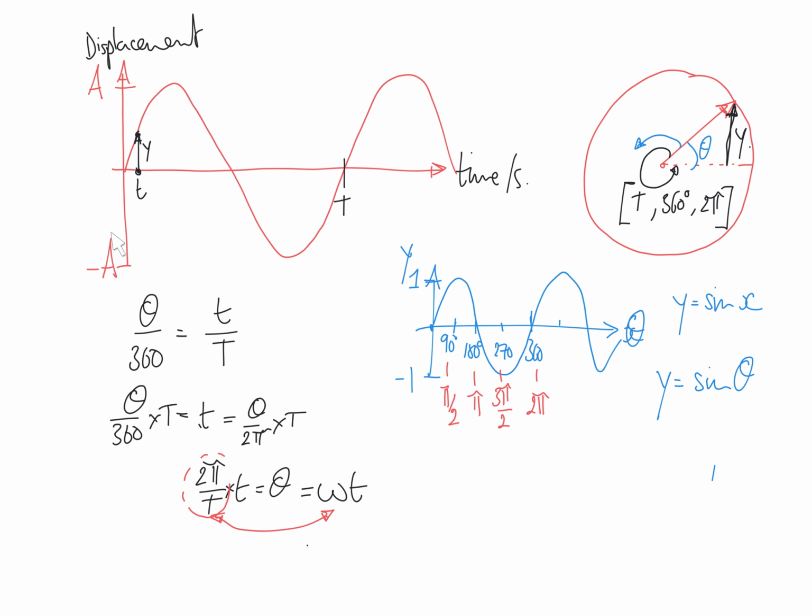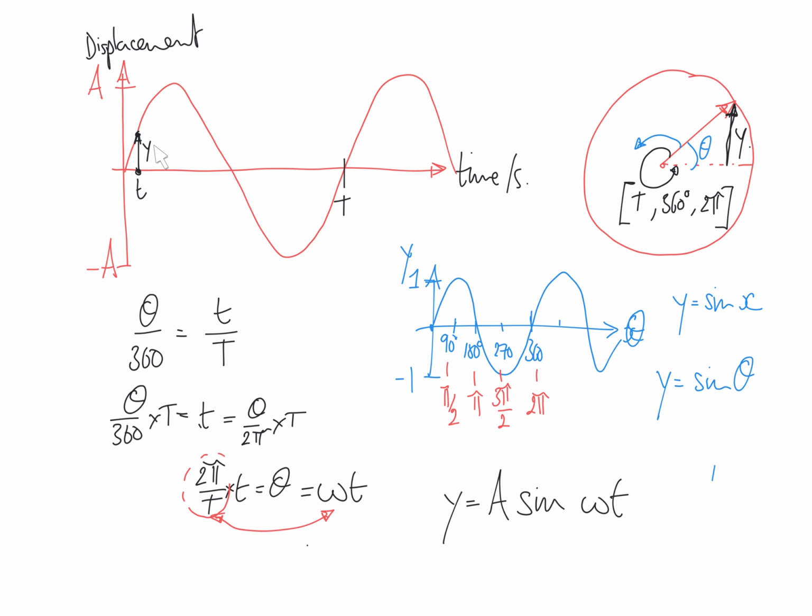This oscillates between A and minus A. So therefore, the general form of our equation so far, y, is going to equal A sine of an angle, and we can now say that that angle indeed is omega t, and because that would only bounce between 1 and minus 1, if we multiply it by the amplitude, that allows it to bounce between the amplitude and minus the amplitude.